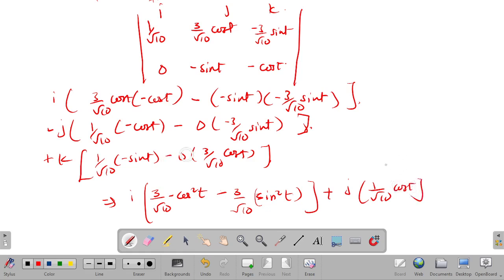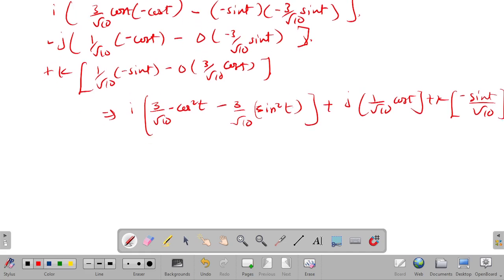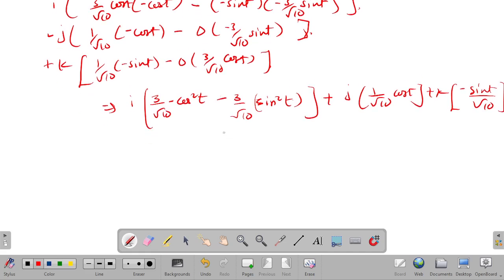For k, the other term is 0, so I have plus k, open brackets, negative sine t over root 10. Good, so this is the binormal vector. As simple as that.